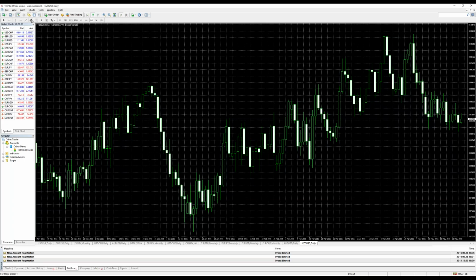Let's be more clear about that. So this is our upward channel. Oops, this is not our upward channel. Our upward channel is from here.